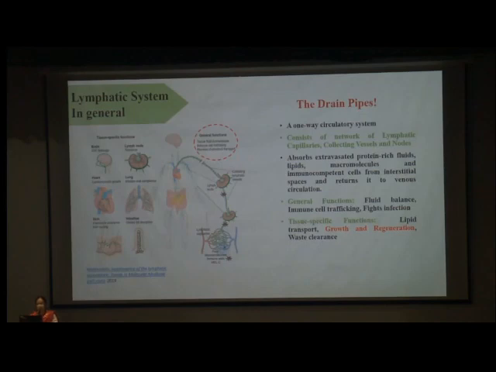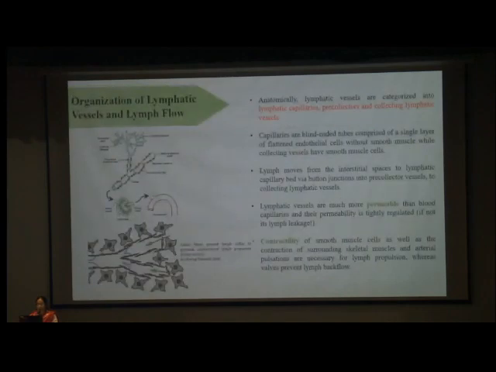And the general functions include fluid balance, immune cell trafficking, fighting infection. And besides these general functions, every organ has some specific lymphatic role. And in recent years, the role of lymphatics has come up also in tissue growth and regeneration and waste clearance. And we know that intestinal lymphatics are importantly involved in the lipid transport system.